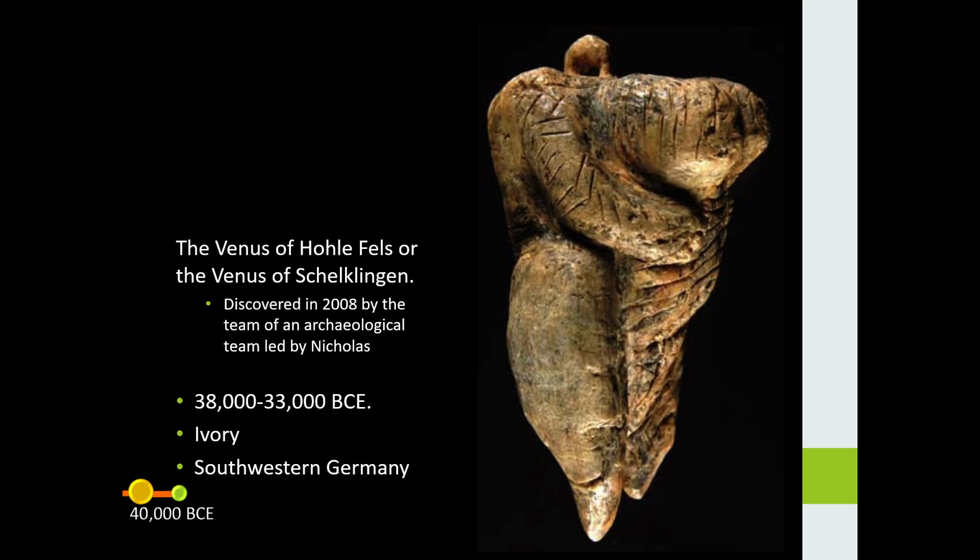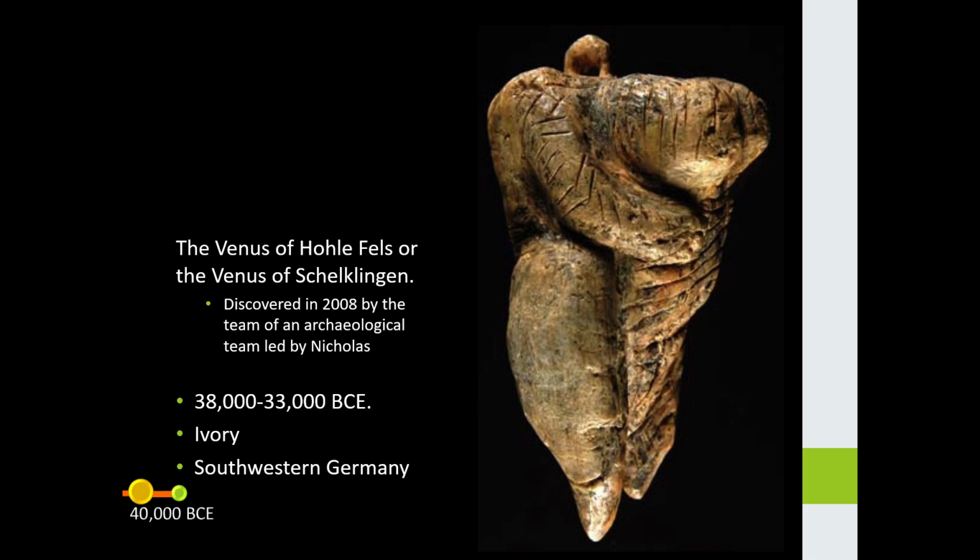And some of the artistic objects that show this level of culture are objects that have been found throughout Europe and throughout Asia as well. Every time we find a figure of a female from one specific area, we call it a Venus.